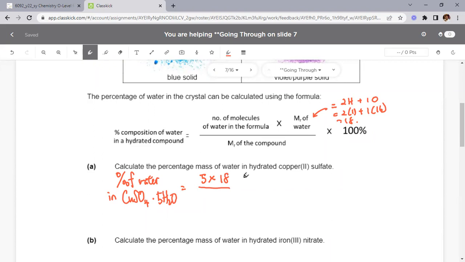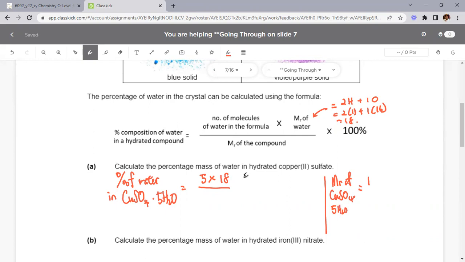Now, the mR of the compound. Wow, this one is another big molecule. So we will take the side to calculate the mR of CuSO4. As I work, I realize I must do something else, so I'll do the working on the side. These are some of the steps you can take, so you don't have to do everything in one shot. This is the mR of CuSO4.5H2O.